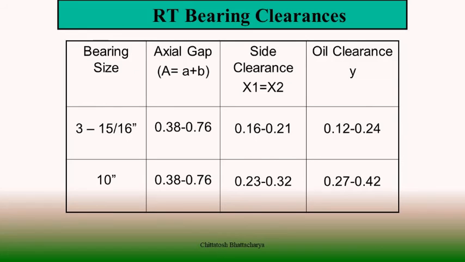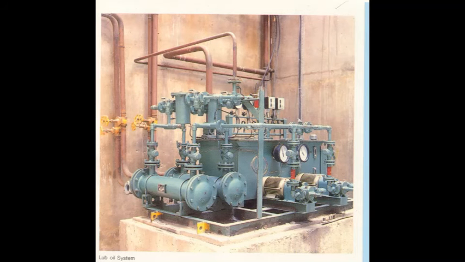Anyway, in most systems nowadays we have oil pumps and continuous supply of lubricating oil, and there are lube oil pumping stations fitted with strainers and coolers, so that lubricating oil can be continuously recirculated back, cleaned and cooled, and again supplied to the journal bearings. So this way we arrange the bearings and their lubrication.